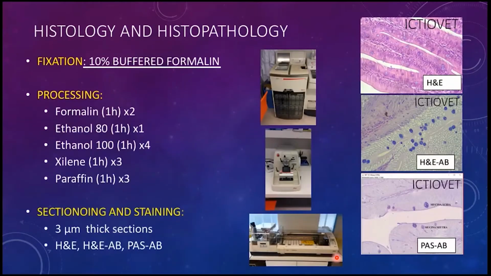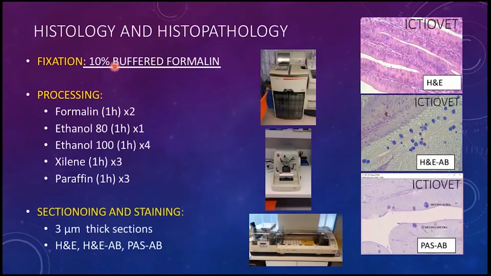Just to give you very brief information on how histology and histopathology work, I always take a chance to remember that it's very important to fixate the samples. So if we want to study a particular tissue, a particular organ through histopathology, it's very important to fixate fast and well using basically 10% buffered formalin.